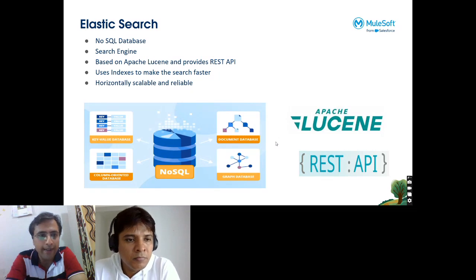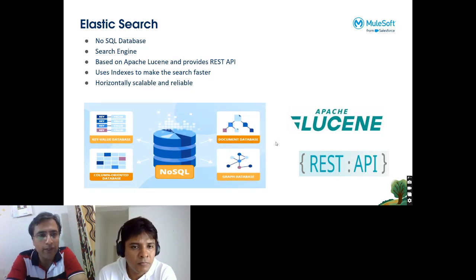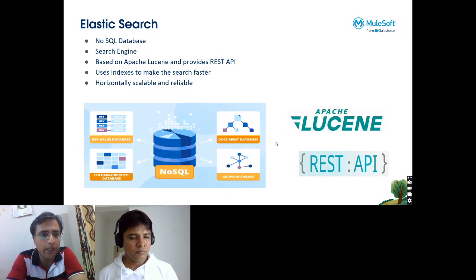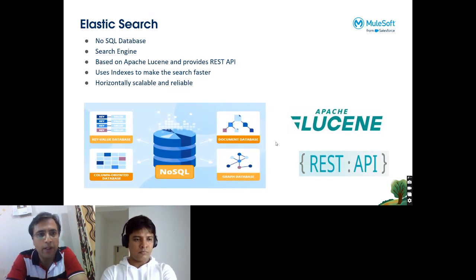Since it uses indexes, search is much faster. It's a distributed database engine, so we can scale it horizontally and vertically. It's also reliable and failure tolerant. All these features are provided by the Elasticsearch engine.